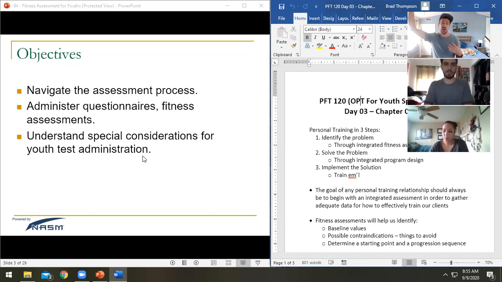So we're going to be talking about how we modify some of our cardio assessments for youths, because we can't perform those in the same way. If you were to give a kid a YMCA 3-minute step test, they'd probably score really poorly because they just have a naturally elevated heart rate.